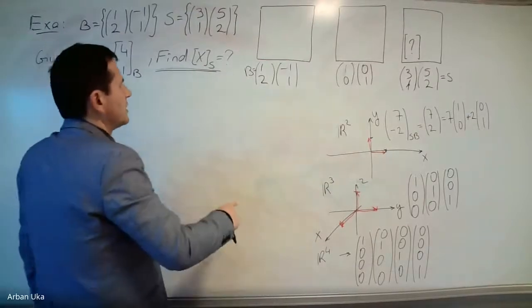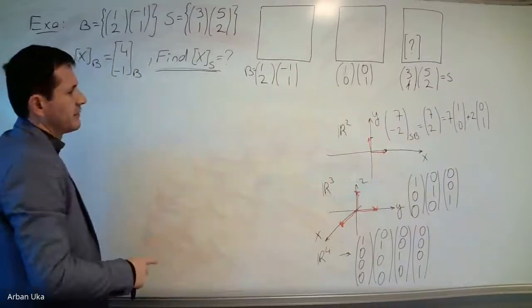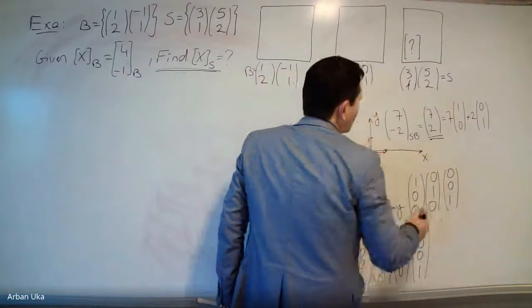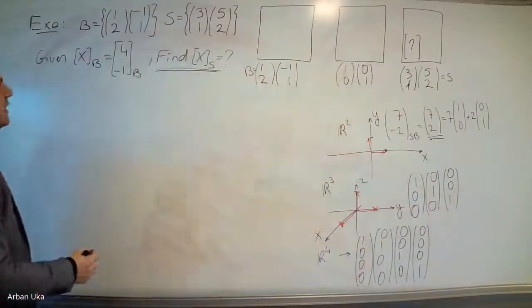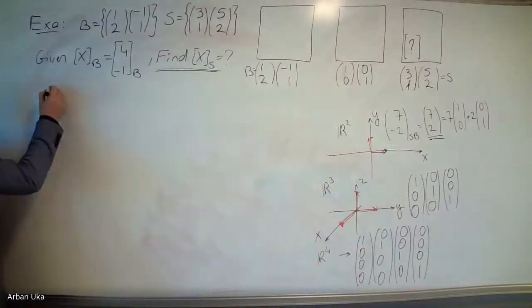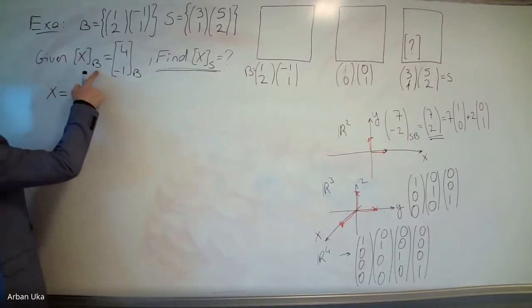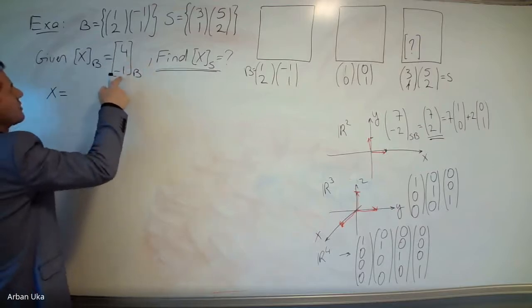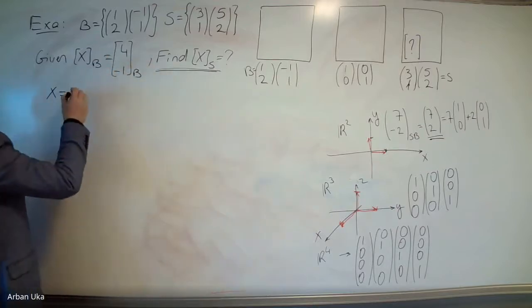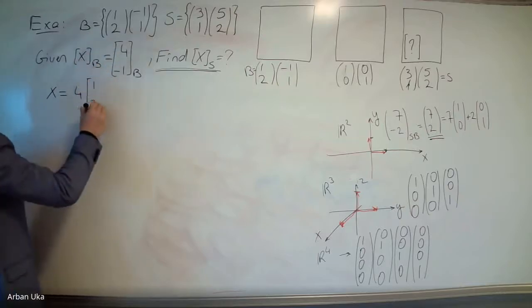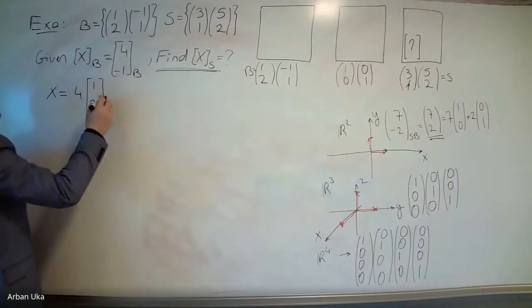So we know that, or let's do it like this. Medina, have a look here. We said that this 7, 2 was in the standard basis, right? And then the vector x, this is equal to, what does it mean to have a projection 4, minus 1? This means that this is 4 times the first column, 1, 2, right?